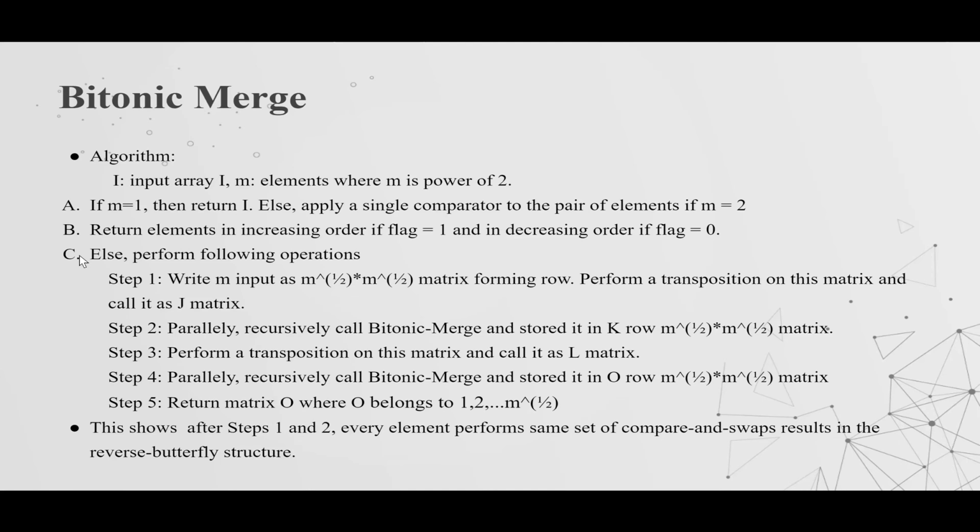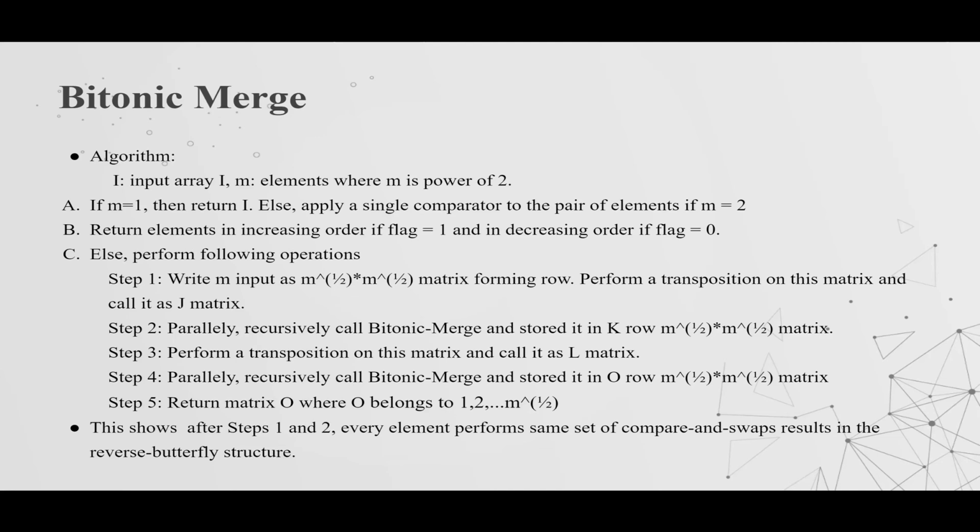In this step, we write the M array as a square root of M by square root of M matrix, where each square root of M elements form a row. Then we perform a transposition of this matrix, and let J be the matrix.